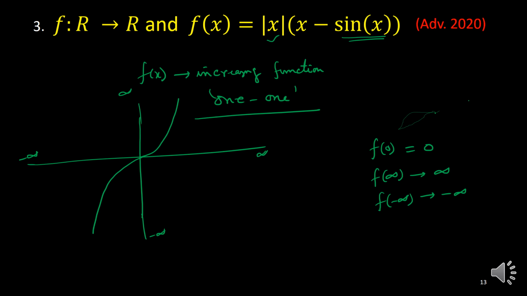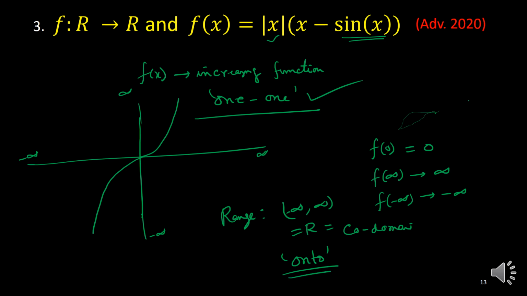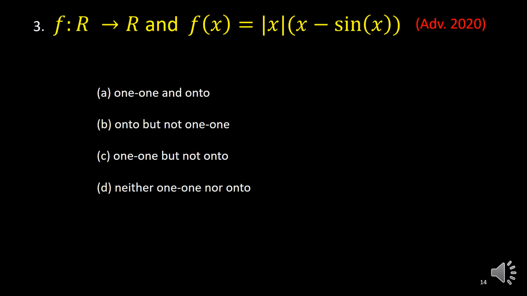So this range is minus infinity to plus infinity, means the entire real axis, and that is your given codomain. So in this problem again we have found that it is 1-1 as well as onto, because the range is the same as the codomain. It is 1-1 as well as an onto function.